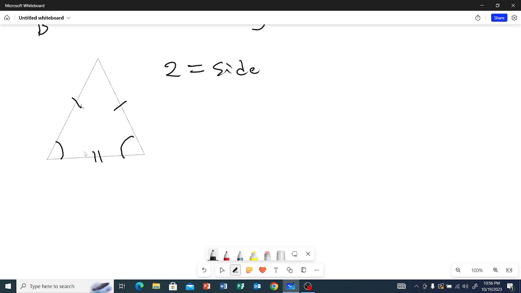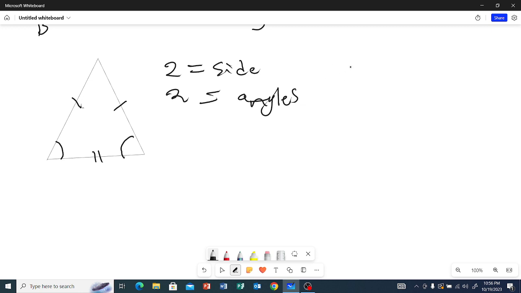And how many angles are equal? 1, 2. Two equal angles. Okay, so two equal sides, two equal angles, then we'll call the triangle an isosceles triangle.